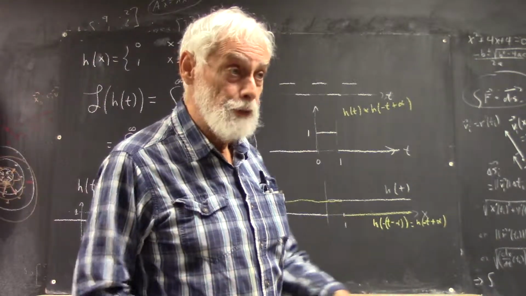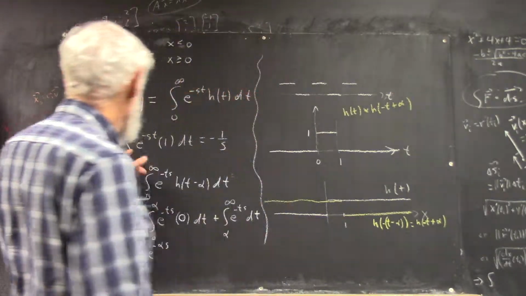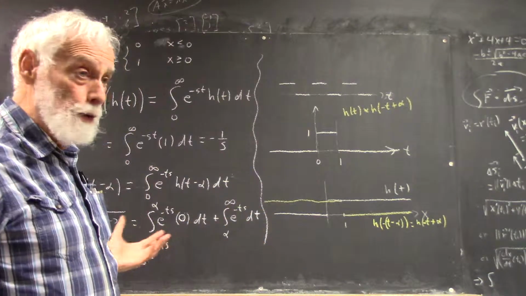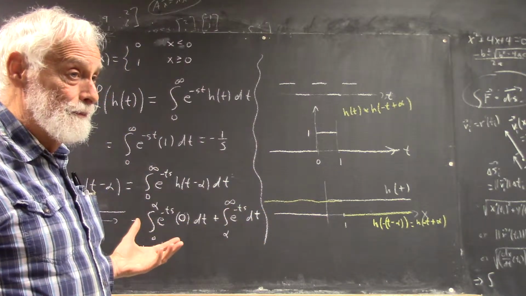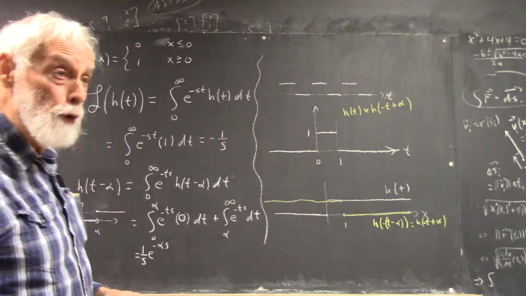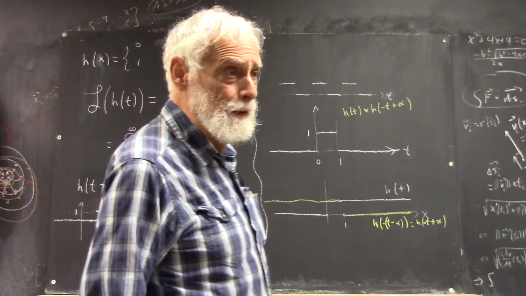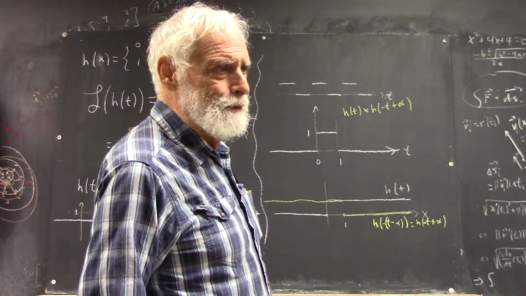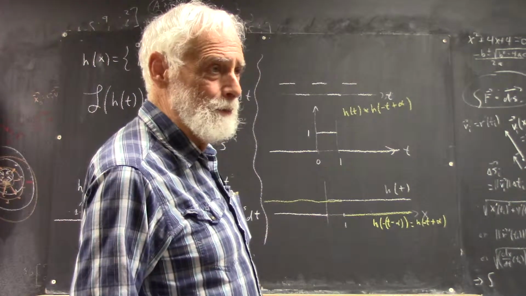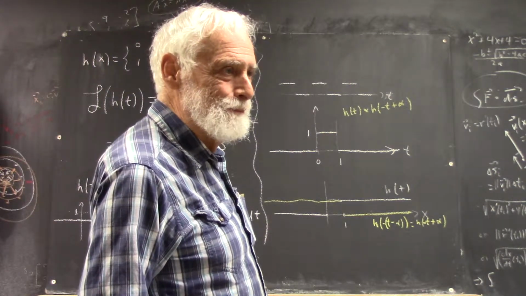Sum of two functions is easy because you're just integrating, so you can do the sum of the integrals. Product of the two functions is a little more complicated, okay? And we're probably going to do that because it's a really important concept. But again, it's not really in the course description as we have it.